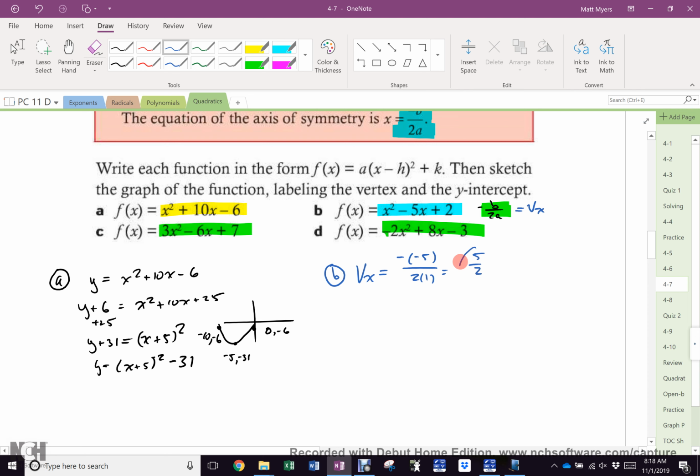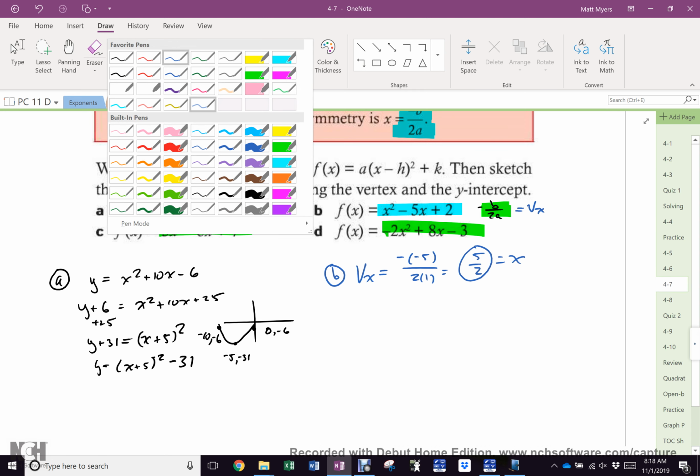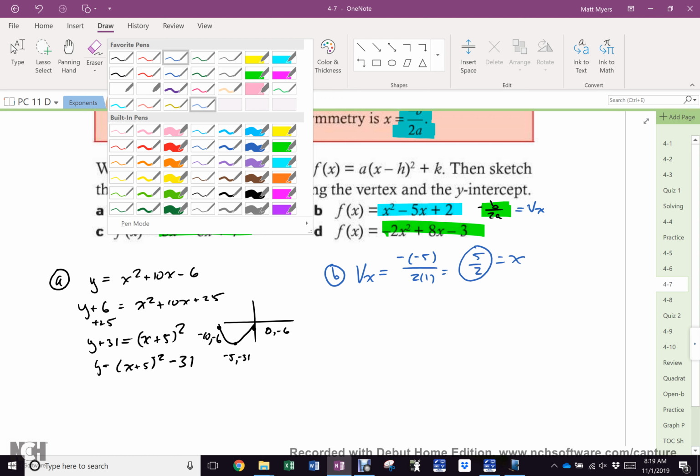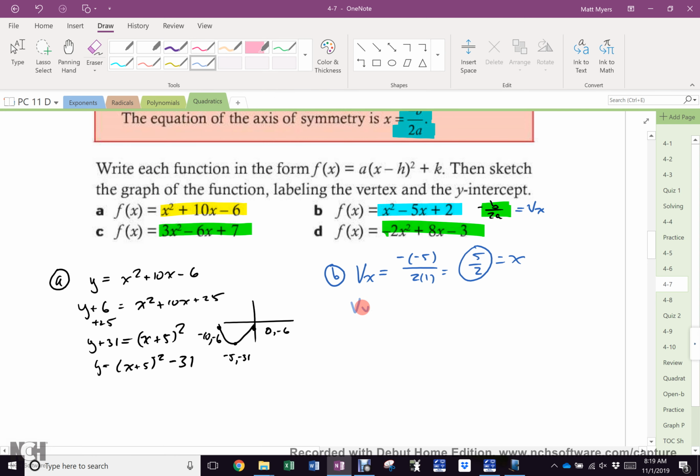So it's still going to be a pain to work with. So I take that x and it's got to go back into the original equation to find the y right here. So vertex y, that should have been a different shade of blue. My vertex y has to be 5 halves squared minus 5 times 5 halves plus 2.